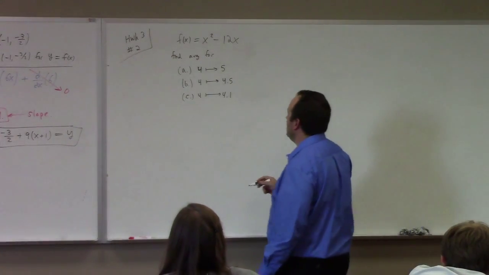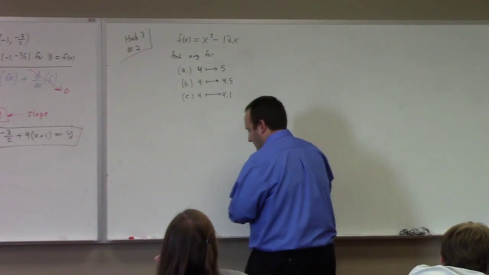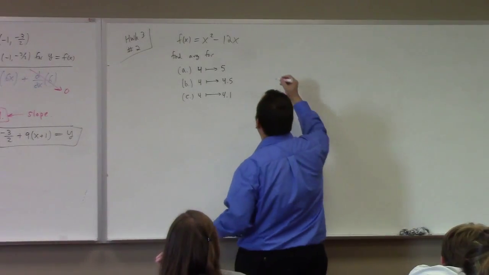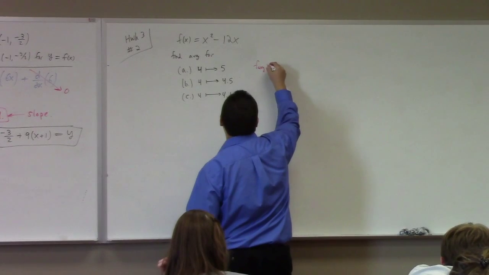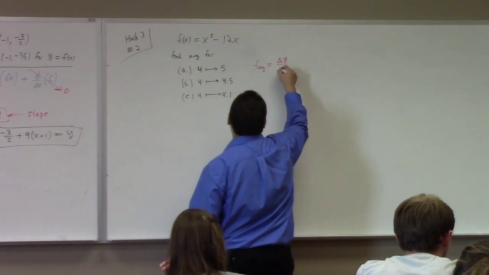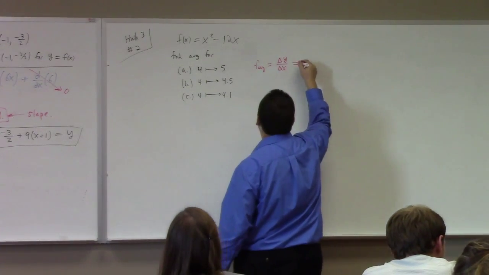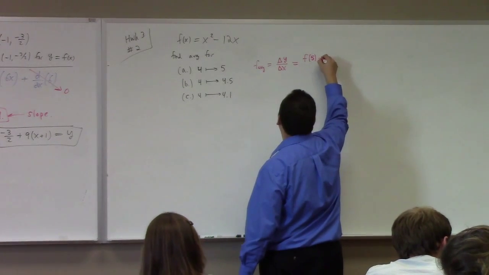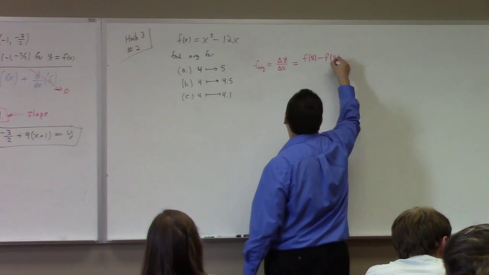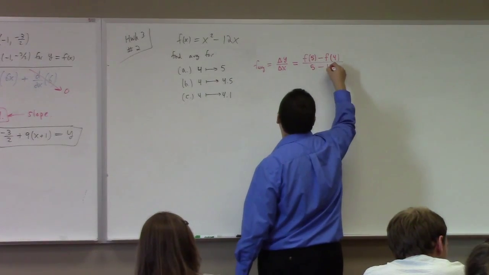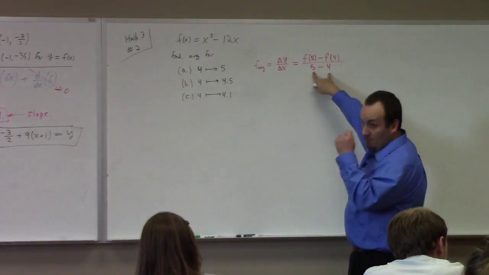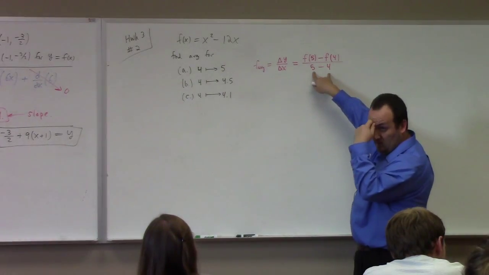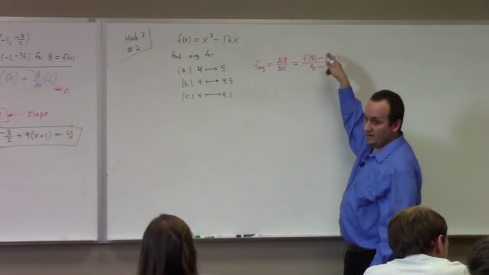So, okay, this is nothing to be scared of here. The average rate of change is the change in y over the change in x, appropriately constructed. The change in y is just f of the endpoint minus f of the starting point, divided by endpoint minus starting point. So the change in x is 5 minus 4. The change in y is f of 5 minus f of 4.